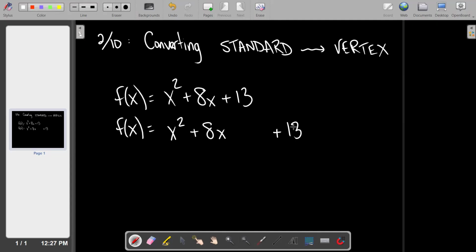Do you remember that little awkward void that we make and what we do with it? Say it again. Divide one of them by two and then square it.